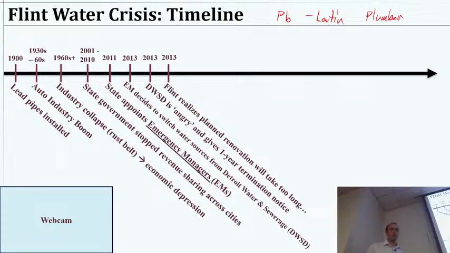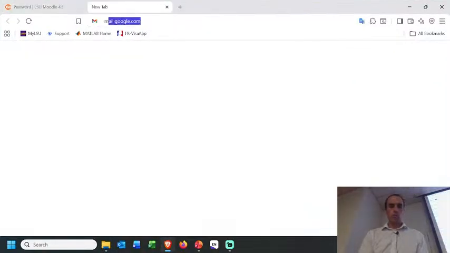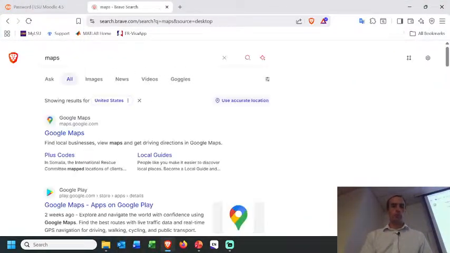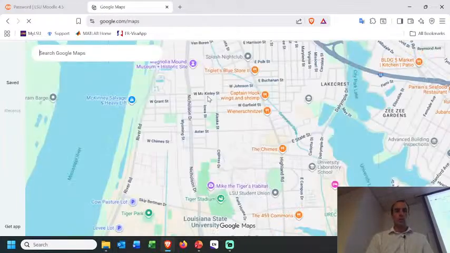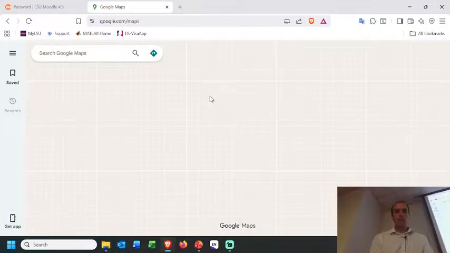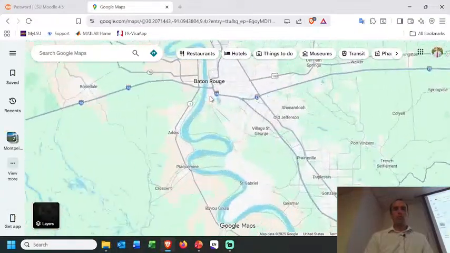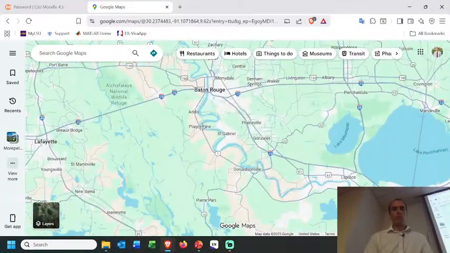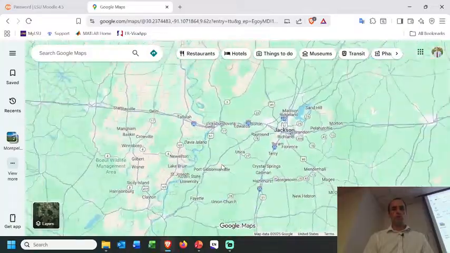So at that point, Flint, and I think Flint had been planning a larger renovation to take from one of the lakes. You know what I could do? We'll just pull up Google Maps, just to give you a better show of what I'm talking about.